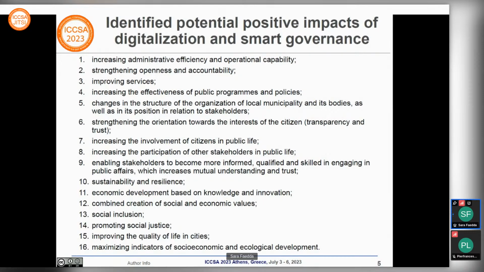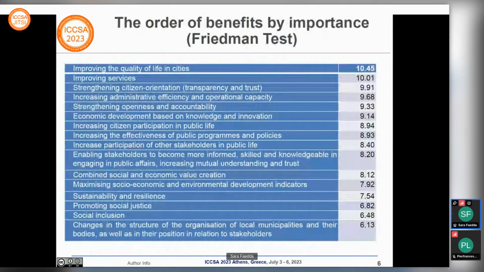We already published the research outputs in a previous paper last year. And in this stage, we gave these positive impacts to the local municipalities in Slovakia to evaluate.